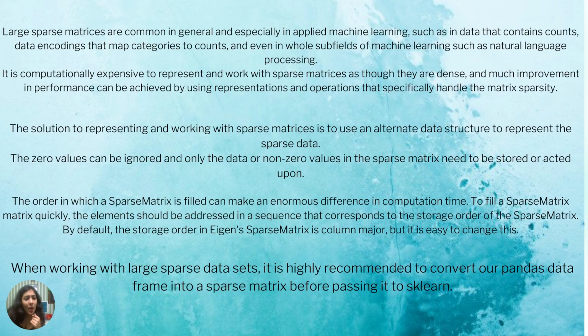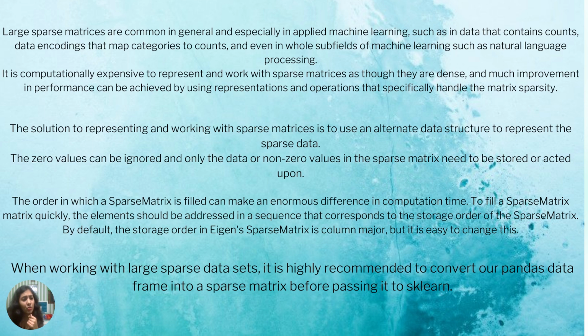Large sparse matrices are common in general and especially in applied machine learning, such as in data that contains counts, data encodings that map categories to counts, and even in whole subjects of machine learning, such as natural language processing. It is computationally expensive to represent and work with sparse matrices as though they are dense, and much improvement in performance can be achieved by using representations and operations that specifically handle the matrix sparsity.